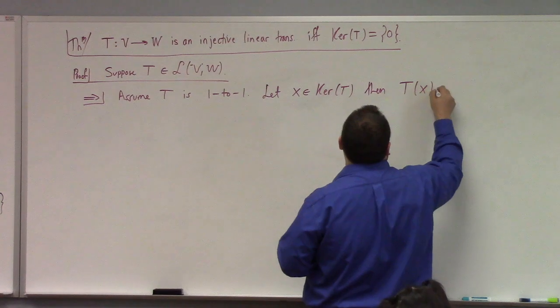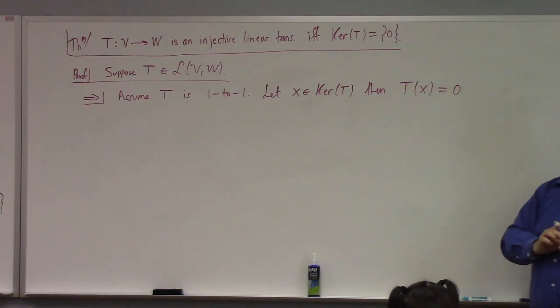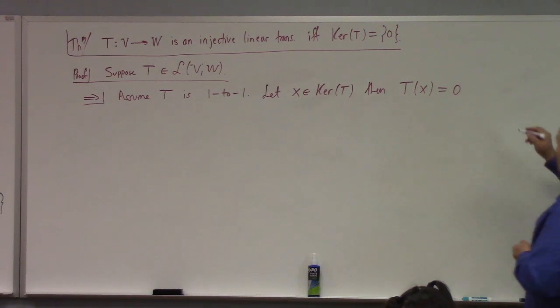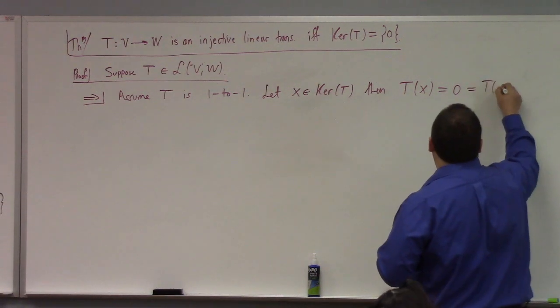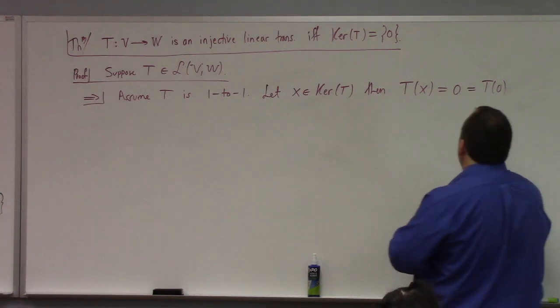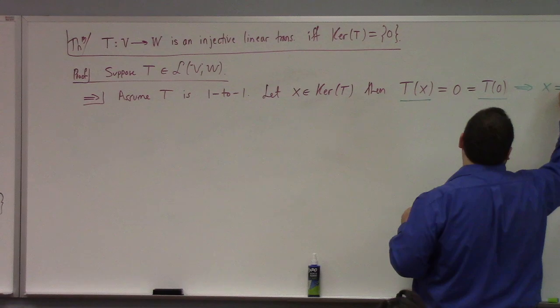T of x is equal to 0, right? But what else do we know? We already proved this today. 0 is equal to T of what? T of 0. What does it mean to be 1-to-1? If two outputs are equal, the inputs have to be equal, right? So 1 to 1 tells me this equal to that implies x is equal to 0.